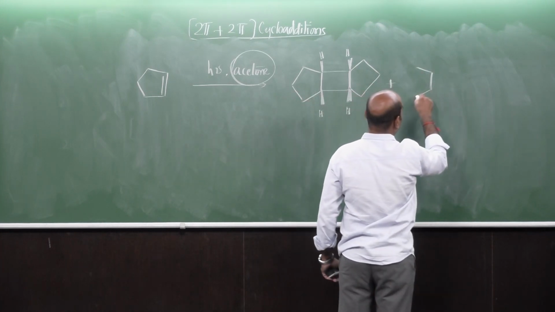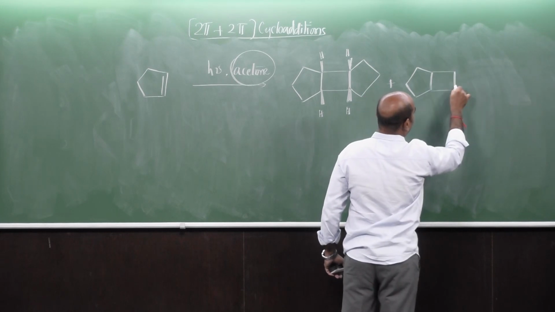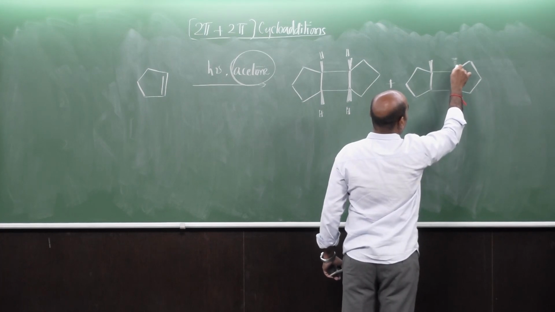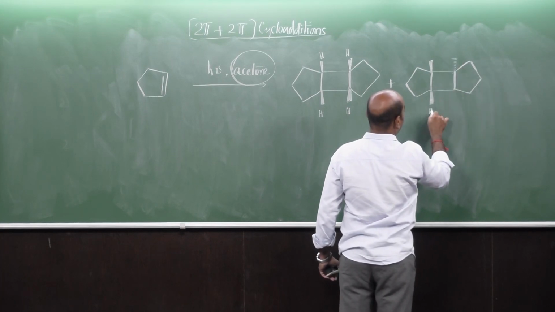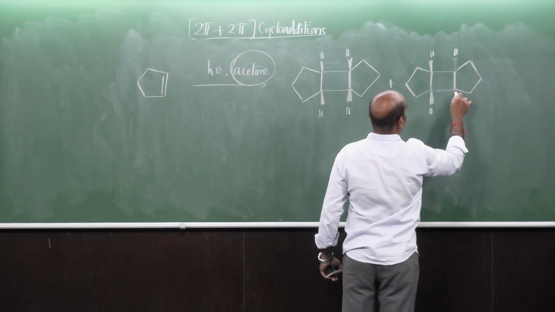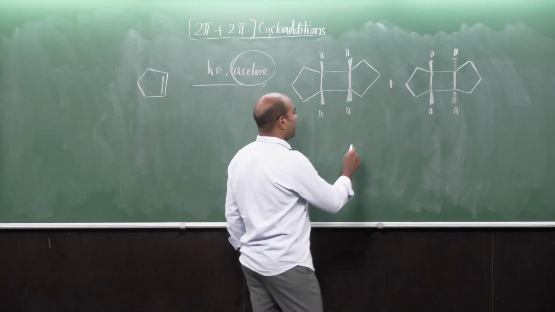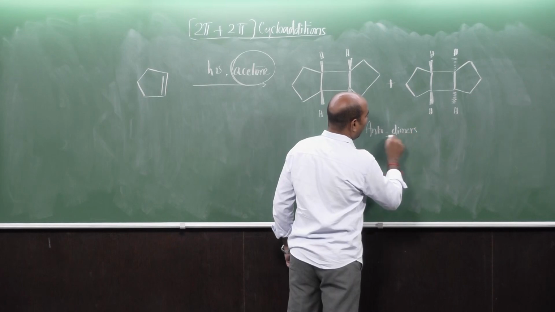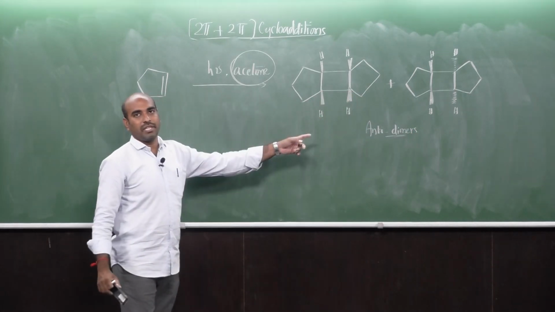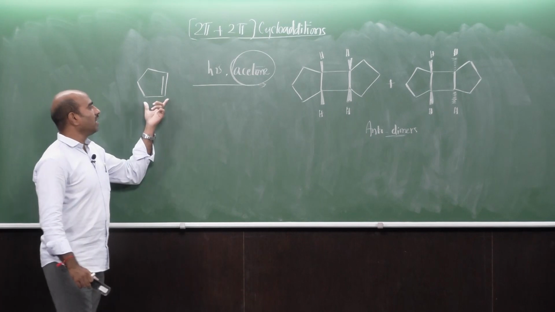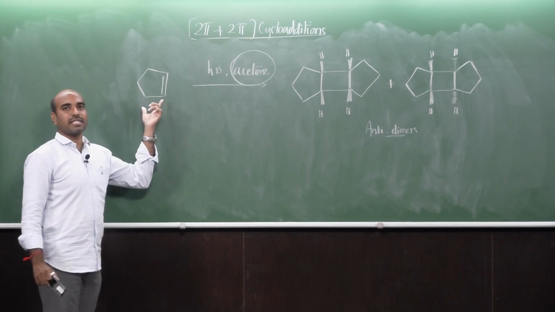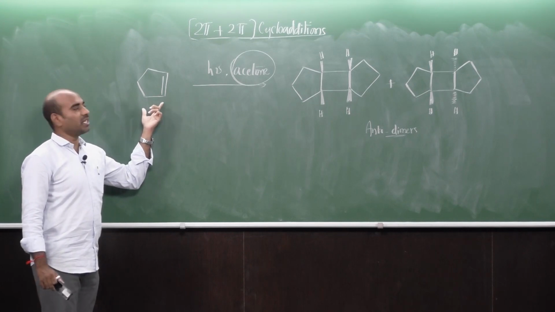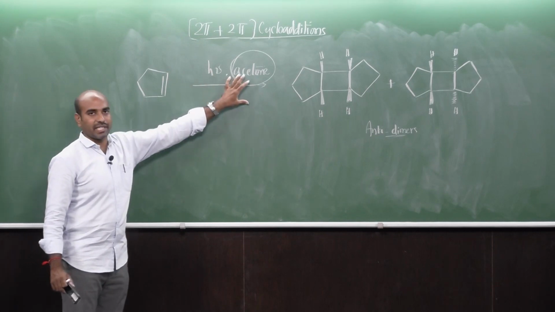Plus, so these molecules are called anti-dimers, and you can see such kind of molecules or anti-dimers formed when you irradiate the small cyclic alkene molecules, olefins like cyclopentene or cyclobutene or norbornene in the presence of a sensitizer like acetone.